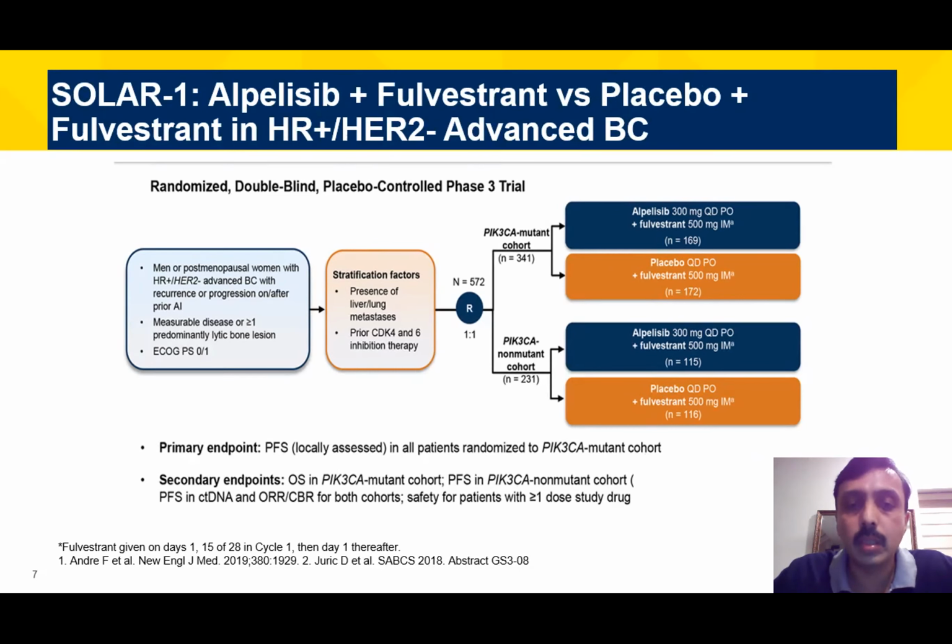This subset was small because the trial would have been done maybe 5 to 6 years back, and at that time the use was not very common. There were two groups, the mutant cohort and the PI3 kinase non-mutant cohort. The numbers were balanced, and it compared placebo plus fulvestrant to alpelisib plus fulvestrant.